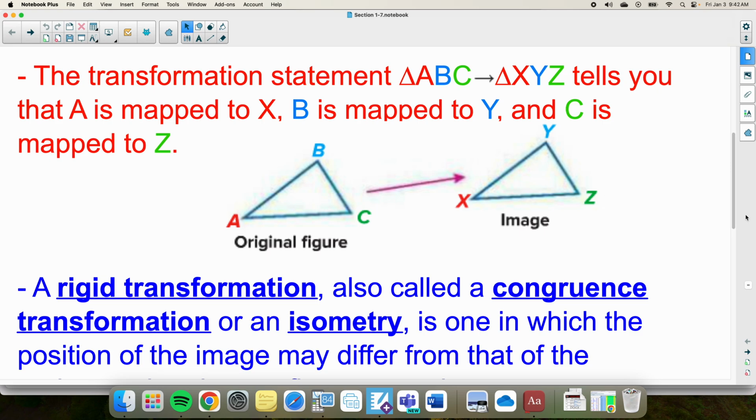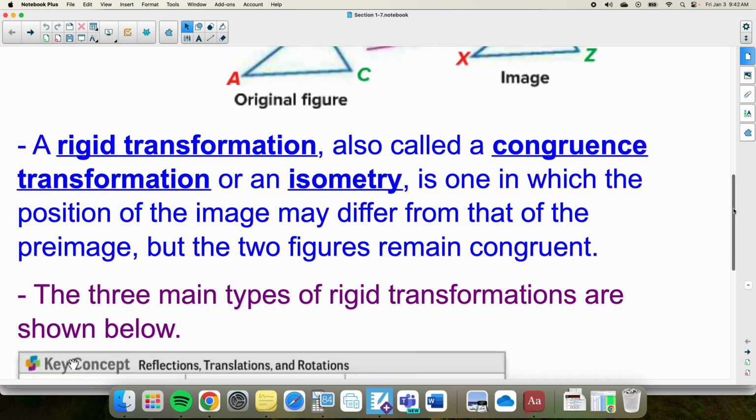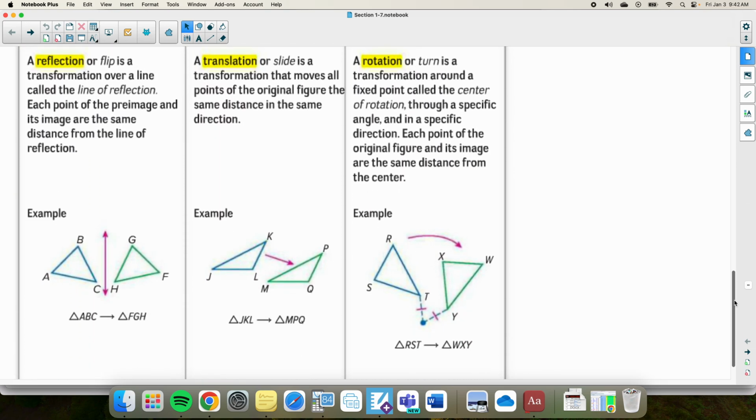And when we do the reflection, translation, or rotation, they always should be the exact same size and exact same shape. If they're not, that would mean that you moved one of the points wrong, okay? Did we do this last year? Yes, you very well likely did, or in 8th grade maybe.